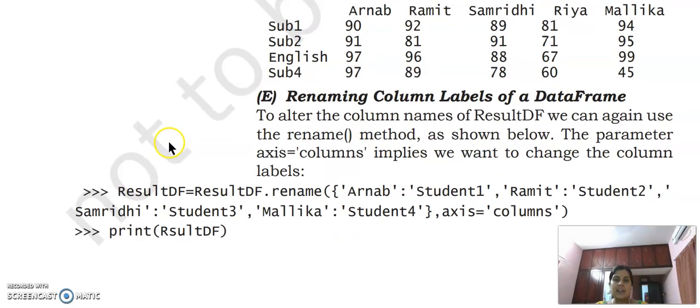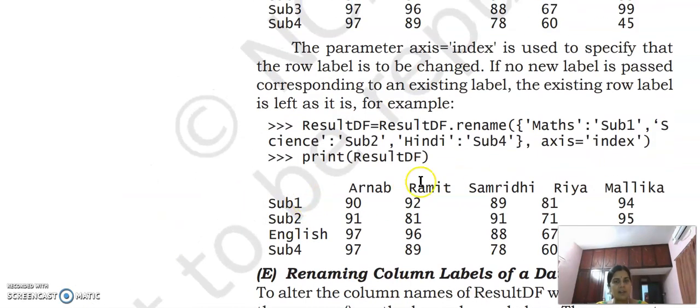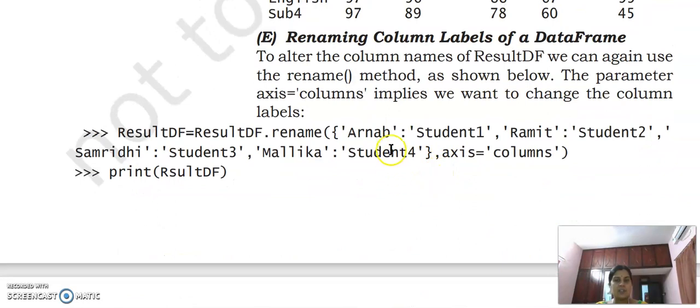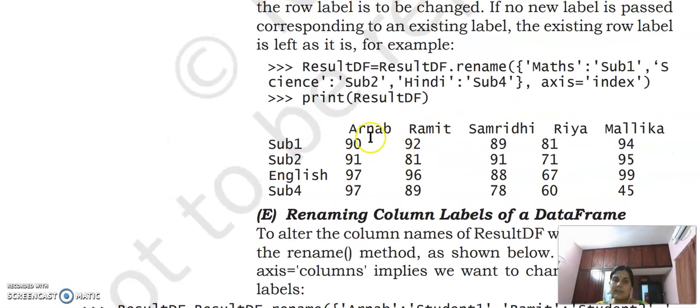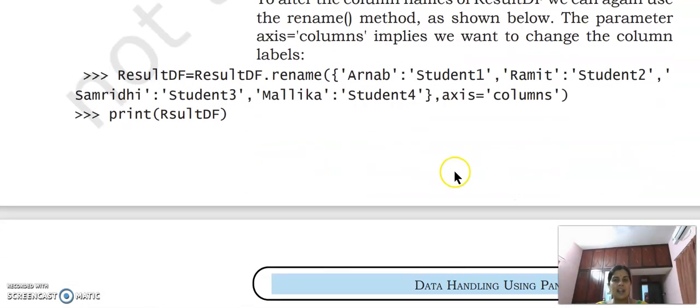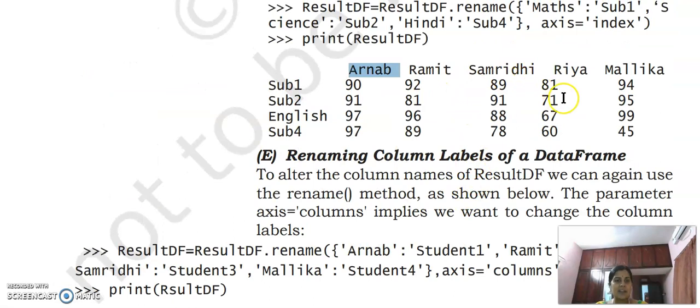Then how can we rename column labels? For column labels also we can use a dictionary. result_df.rename, like in the previous case where we used Arnab colon Student1, meaning instead of Arnab. The same method, only this time with column labels. Earlier we used row labels, like Maths, English. Here we use column labels like Arnab, Remit, Samruddhi.